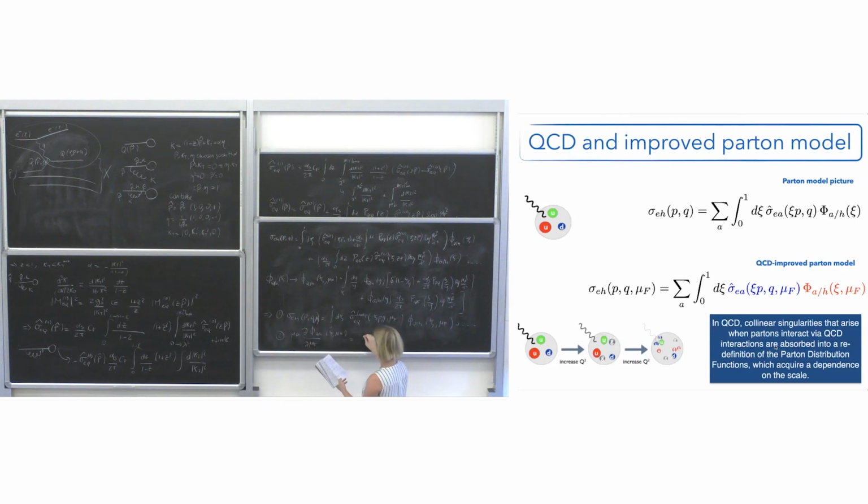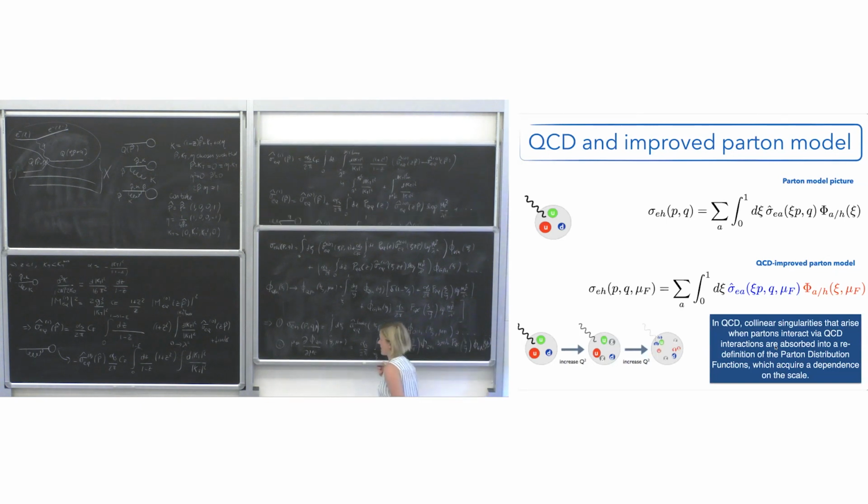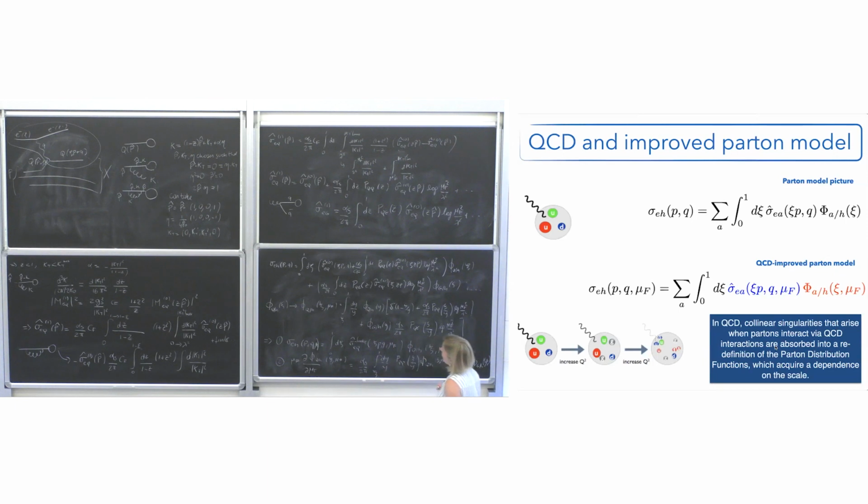This is equal to alpha s, at least in this simple picture, integral from xi to 1 dy over y, P_qq of xi over y, phi q of y, mu f, plus P_qg of xi over y, phi g of y, mu f. Okay?